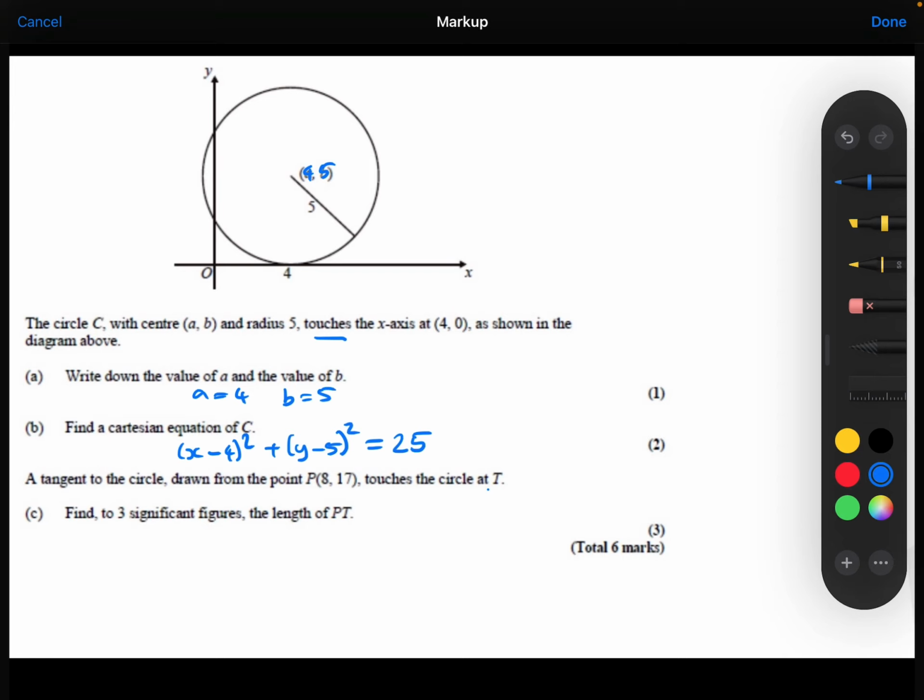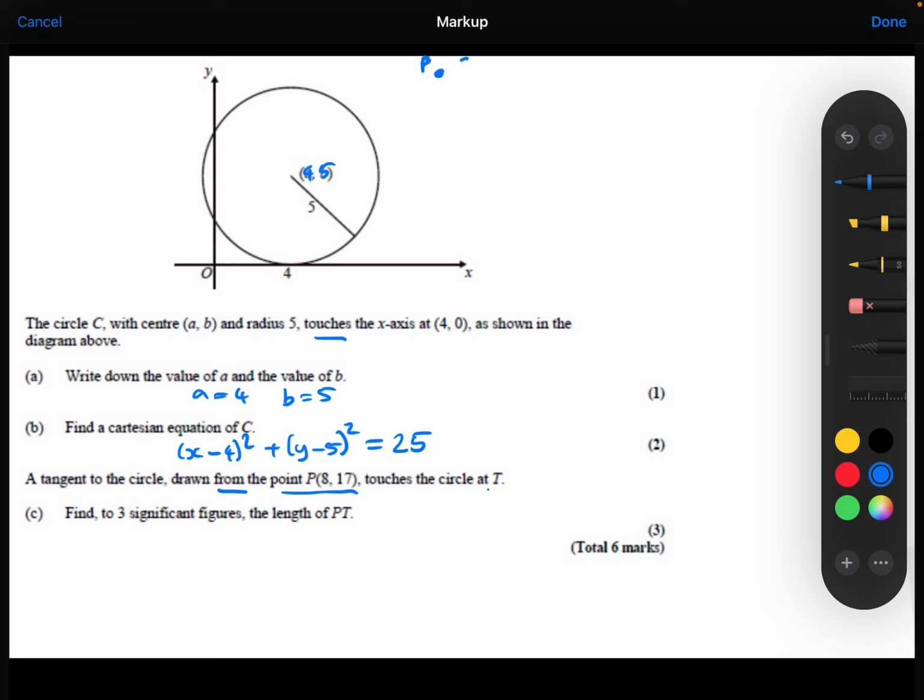Right, we're then told that a tangent to the circle is drawn from the point P, which has got the coordinate (8, 17). Now it is worth just thinking for a moment where the point (8, 17) is going to be. And I think roughly it's going to be up here somewhere.